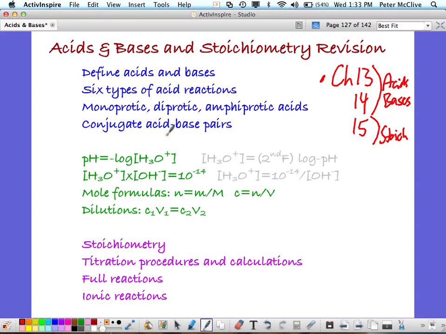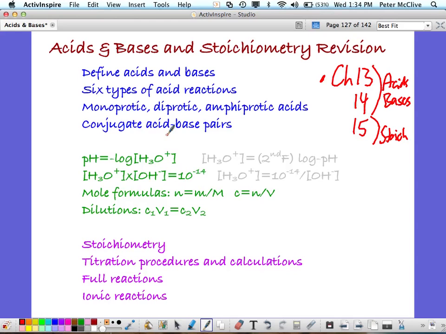Now you need to be able to identify them. So if you're given a reaction, products and reactants, you need to be able to label and say this is a pair and draw a connecting line from a reactant to a product. This is the pair that's an acid-base pair. This one's acting as the acid, label it acid, because it has the extra hydrogen, and this is just the same thing minus the hydrogen, that's the base.